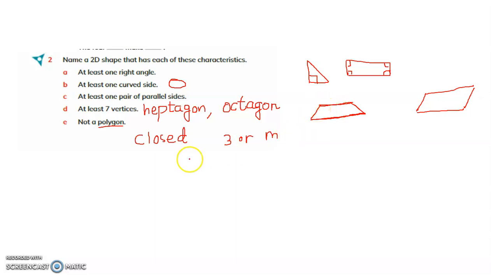A closed figure with 3 or more straight sides is called a polygon. It will not have any curved sides. So you can call an oval a shape that is not a polygon. A circle is not a polygon. So these are examples.